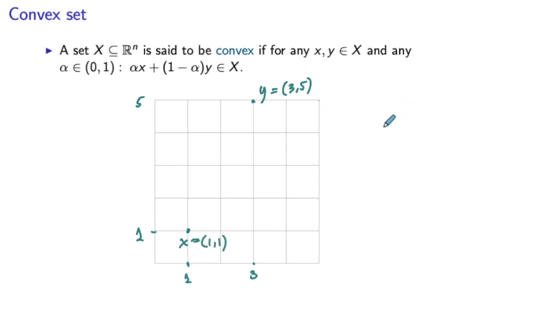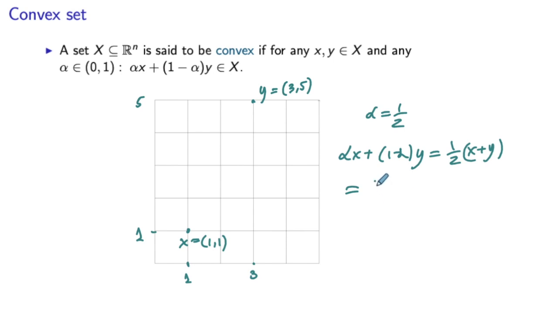Let's first consider alpha equal to 1/2. Clearly, it's within the interval 0, 1. So for alpha equal to 1/2, we have alpha X plus 1 minus alpha Y, which is given by 1/2 X plus 1/2 Y in this case, which will be essentially the average between these 2 points.